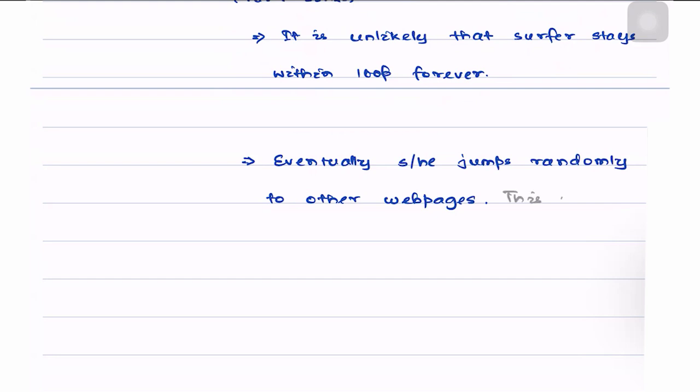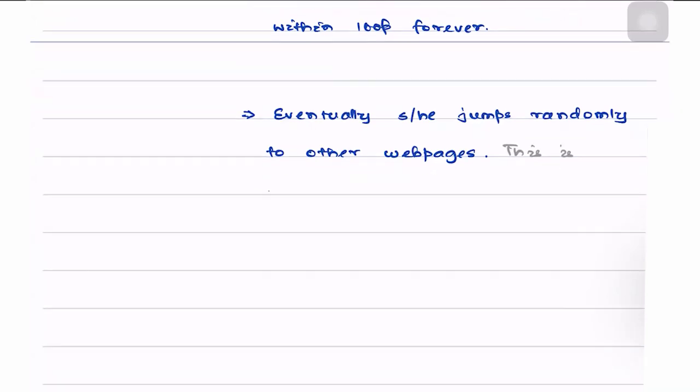This is modeled by the term (1 minus beta) divided by n, which is how the modified PageRank algorithm works.